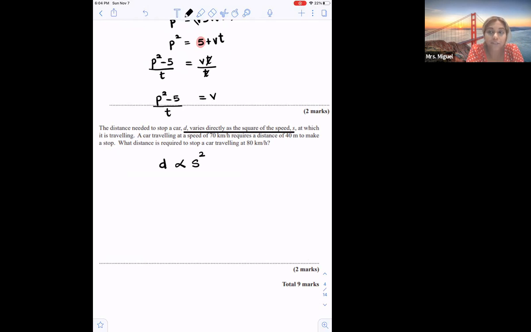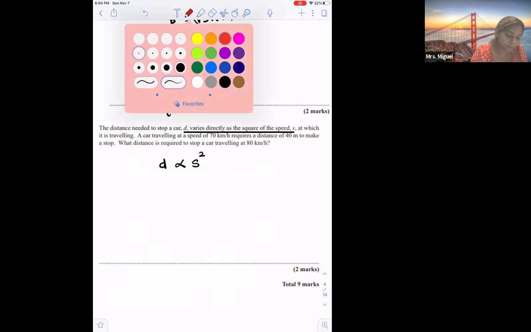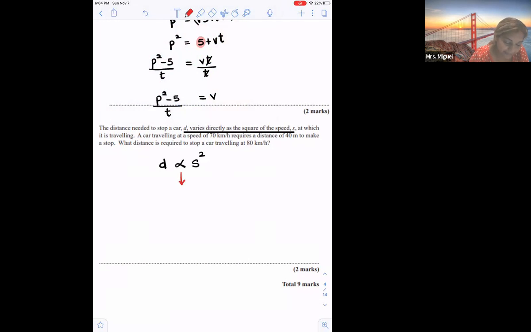Remember in the multiple choice, there was a question with varies directly as x, right? So here now, in mathematics, we need to change this sign to an equal sign. By doing so, we need to introduce a constant k. So the d remains and the s squared remains.